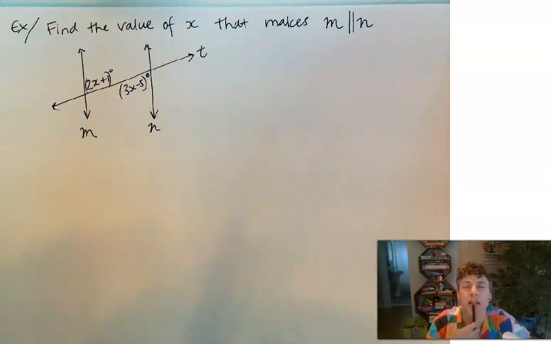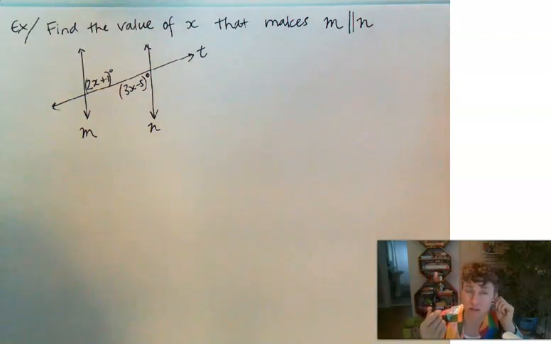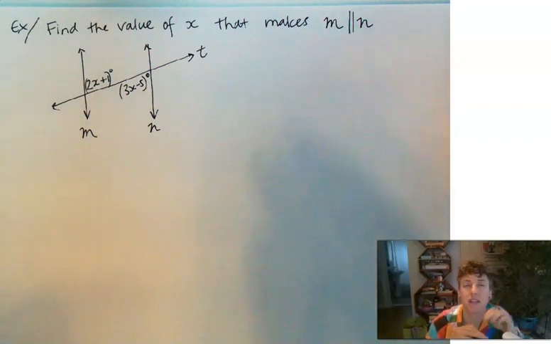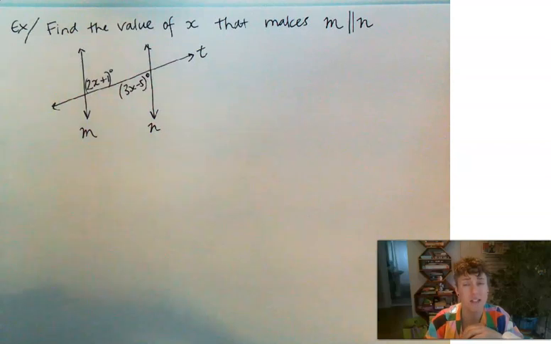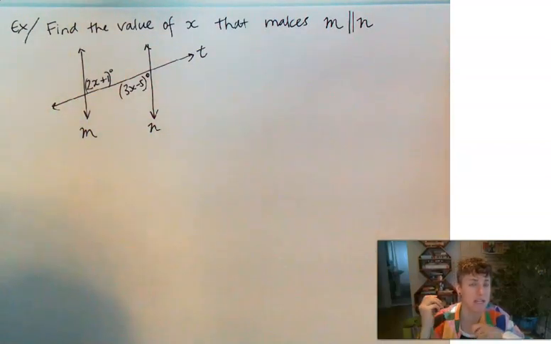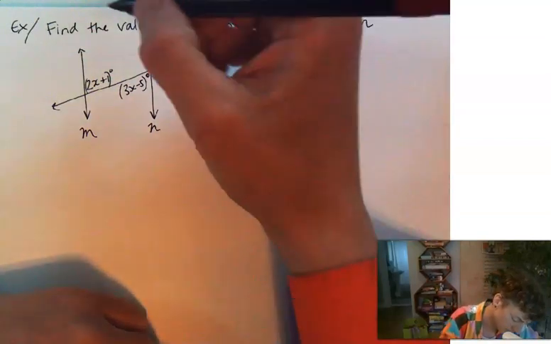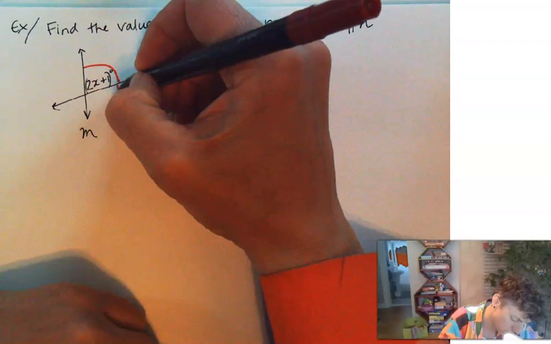I see they're inside the parallel lines, so they're interior. And they're on opposite sides of the transversal, so they must be alternate interior angles. And for lines to be parallel, those alternate interior angles must be congruent.